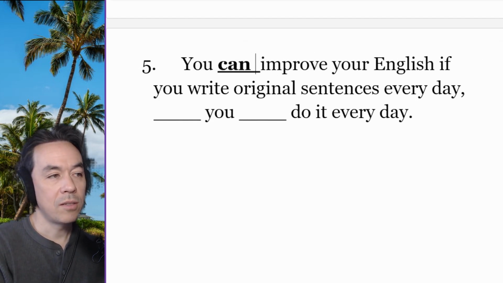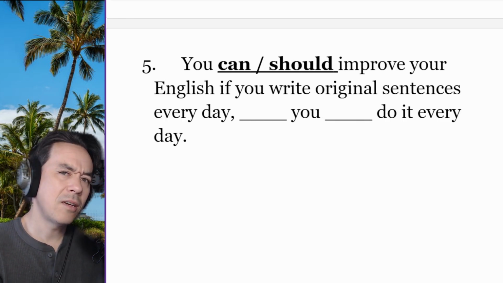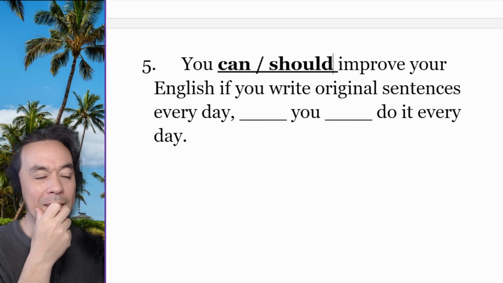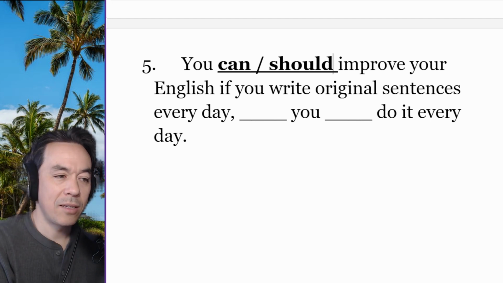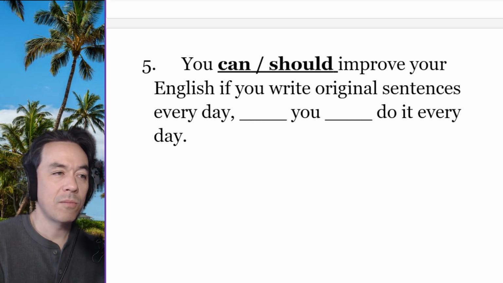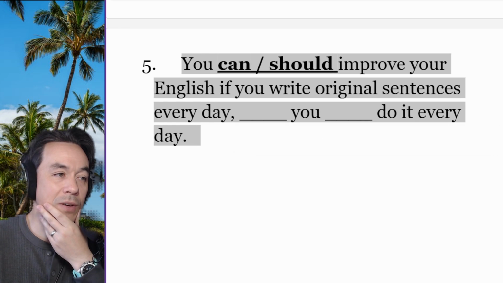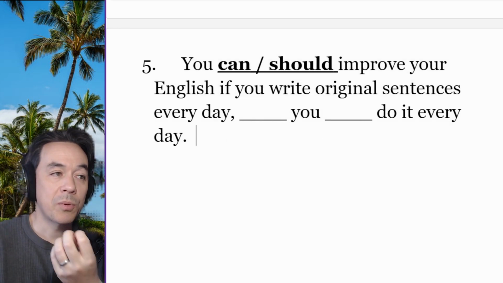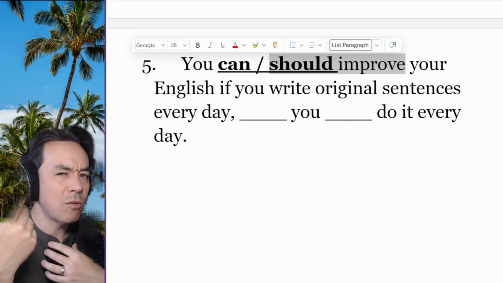The other one you could say is you should improve. And again, this is advice, but it sounds more like my best idea. You should improve if you write sentences. So it's true. This is advice about English, but the "should improve" is just saying, I think so.